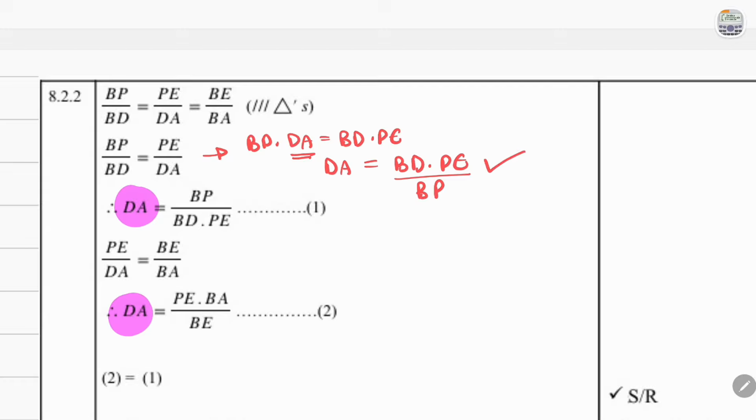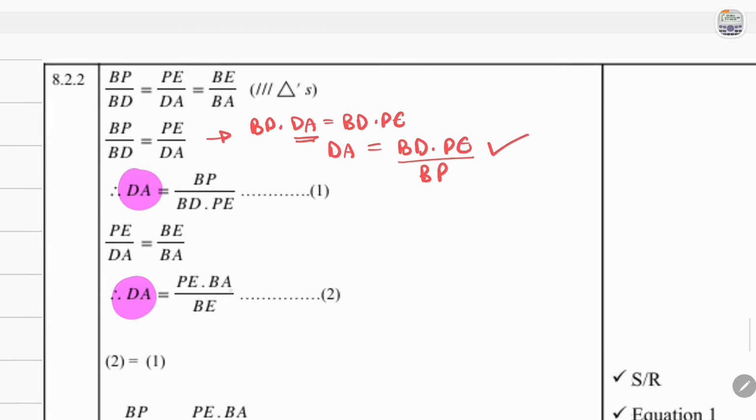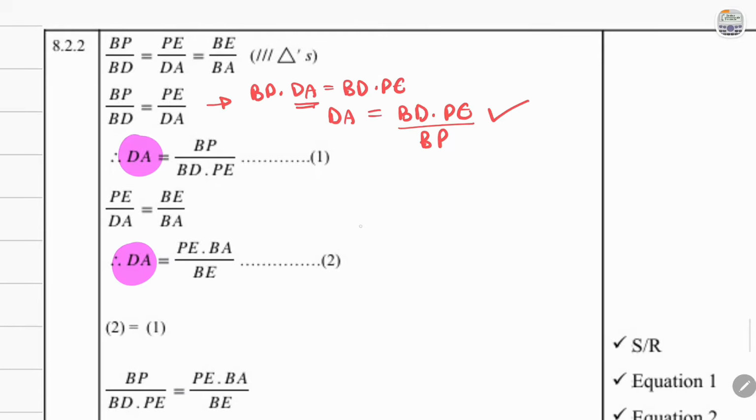And so this equation should have been BD times PE over BP. And then that would have been the equation of DA, because they follow the same steps here. They said PE over DA equals BE over BA. And then you see how they make DA the subject by leaving DA. So it's kind of like taking DA to this side. And so you see that BE has to go there. So what stays here on top would be PE, correct? What goes on the bottom is BE.